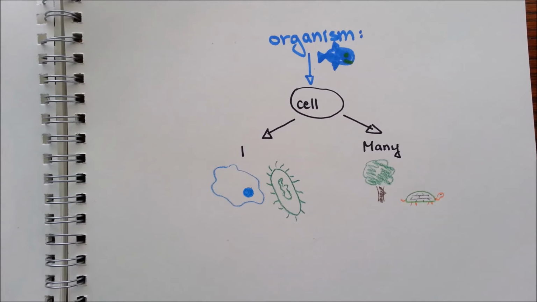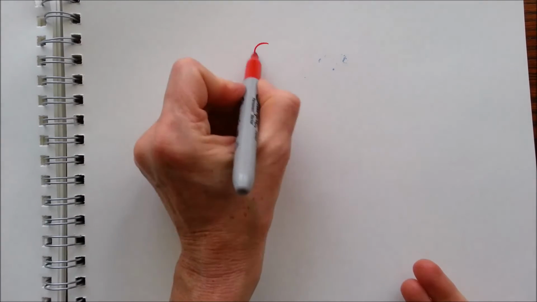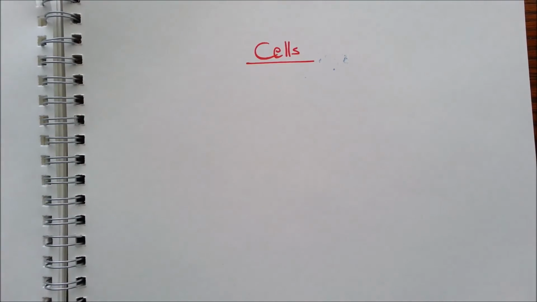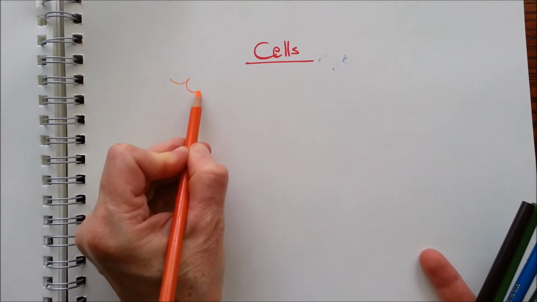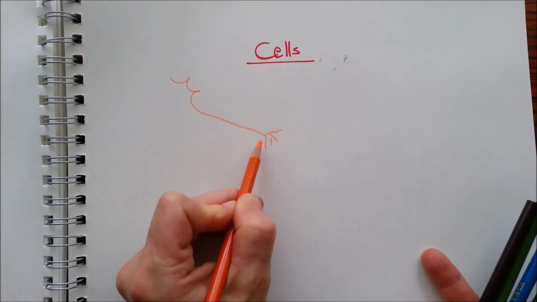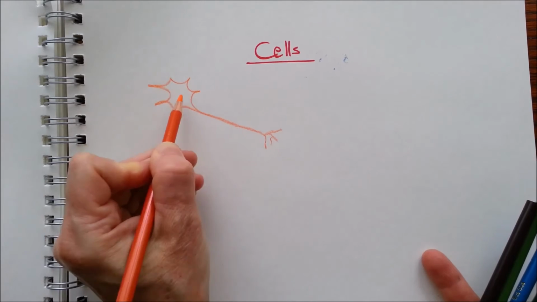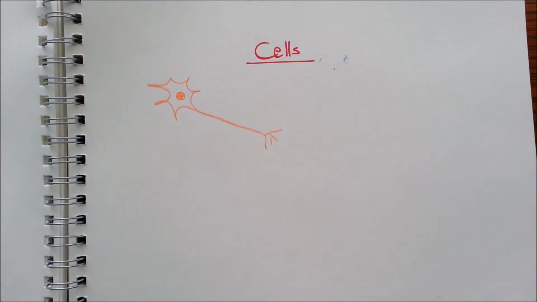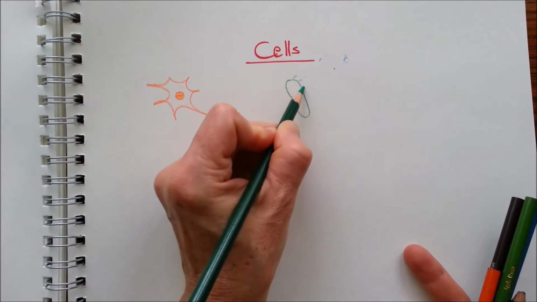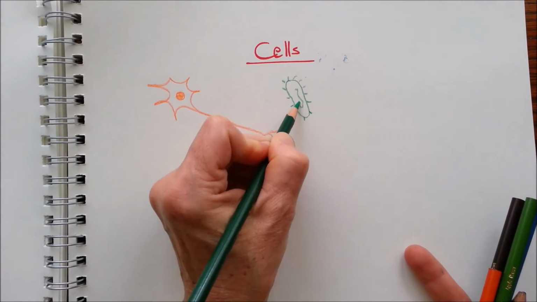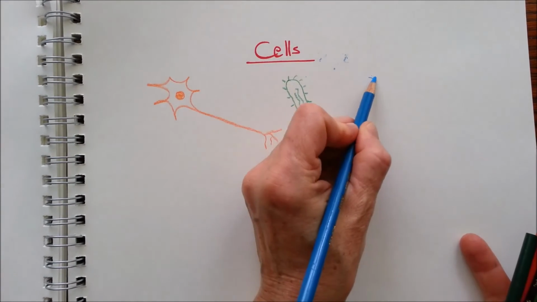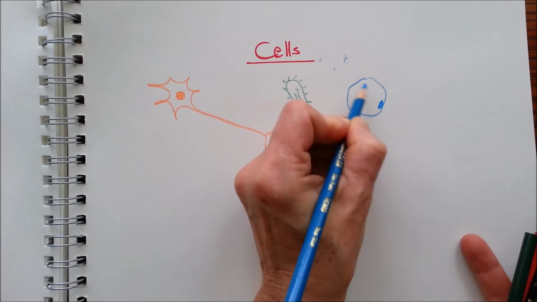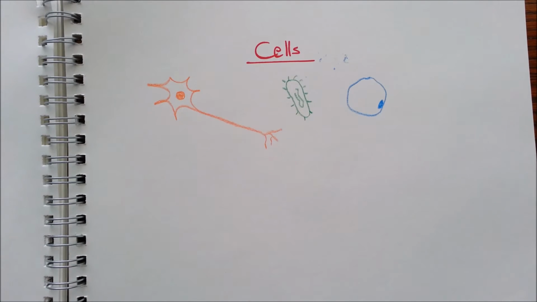Cells come in different shapes. For example, in nervous tissue some of the nerve cells are long cells and have a very distinctive shape, or some bacteria have a shape like that, or a fat cell looks like that under the microscope.